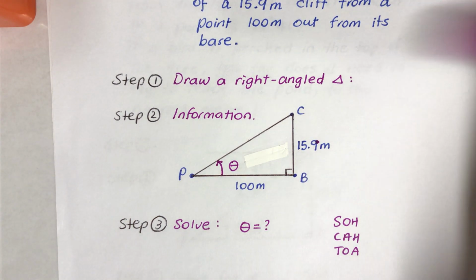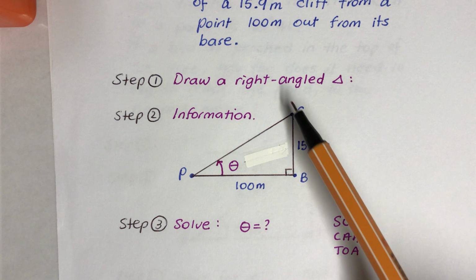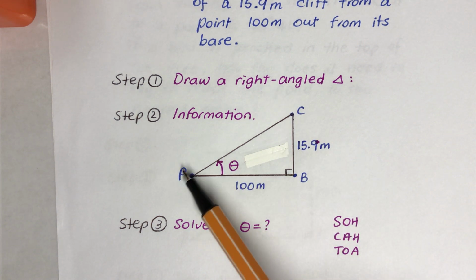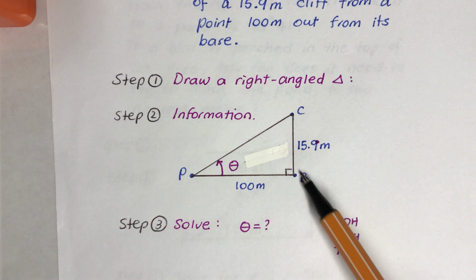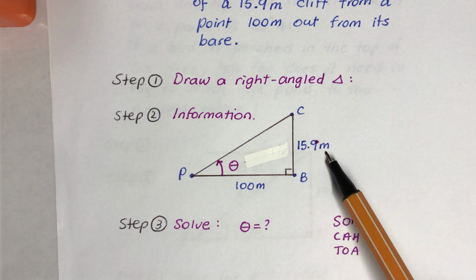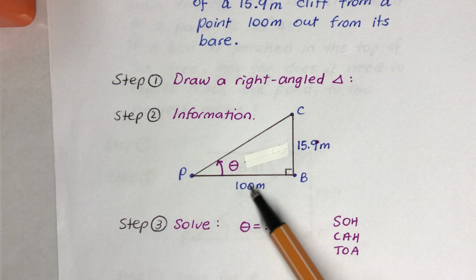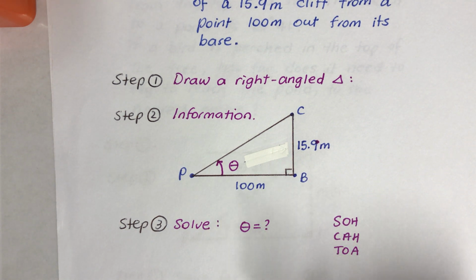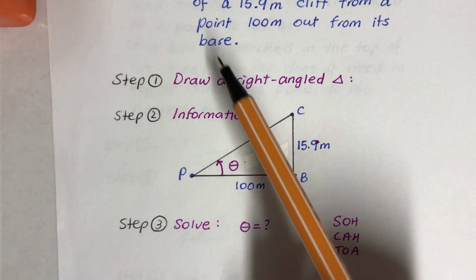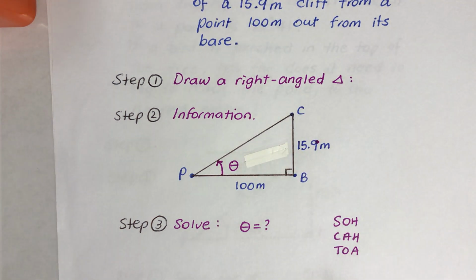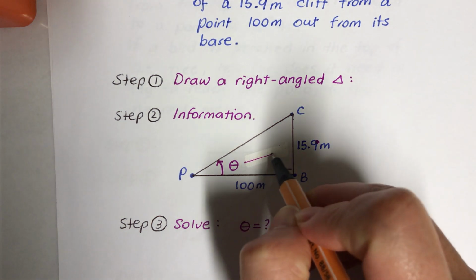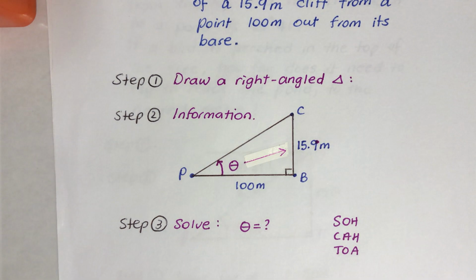I just sketch the right angle triangle, like what I did before: elevation, there's the point there, that's the base, that's the cliff, 15.9 meters tall, and it's 100 meters from the base to the point. Now we need to find, what was the question? Find the angle of elevation, which is theta.